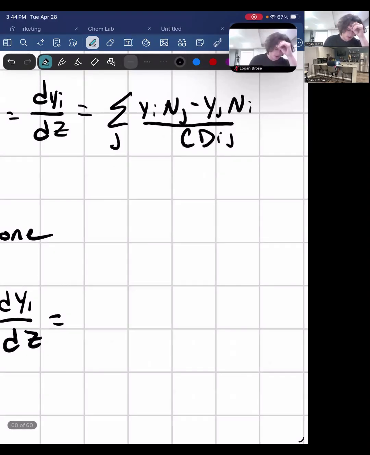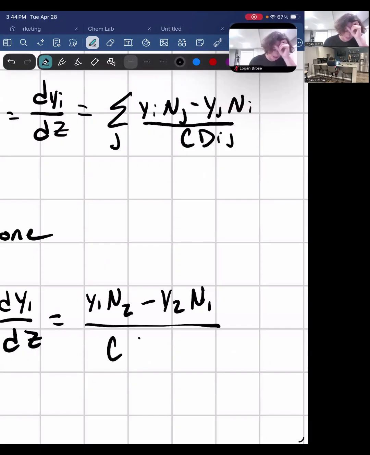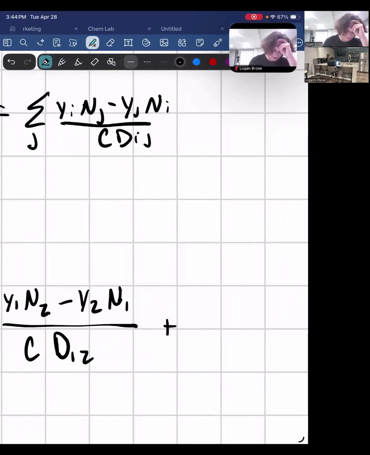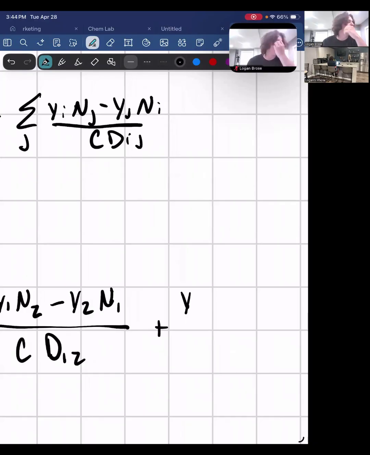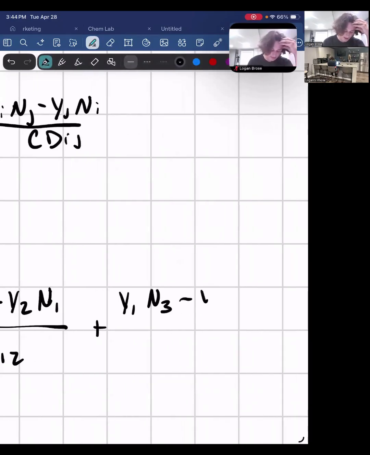We have our y of acetone times our flux of methanol minus our y of methanol times our flux of acetone, over the concentration times our diffusion coefficient of acetone to methanol, plus our y of acetone times our flux of air minus our y of air times our flux of acetone, over the concentration times the diffusion coefficient from 1 to 3.